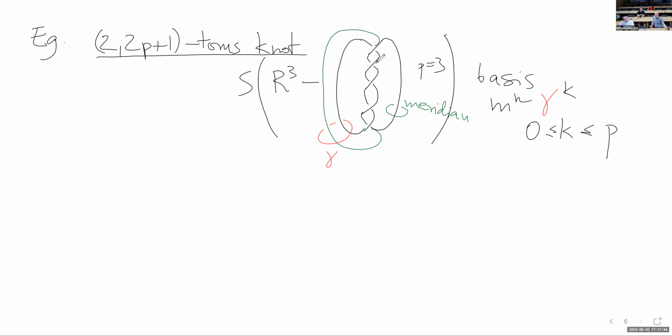Yes, n goes from 0 to infinity, and k is strictly less. Yes, this loop is always called a meridian. Forget about the fact that it's a torus knot. Forget this word. You have certain knots in R3, and that's the basis.